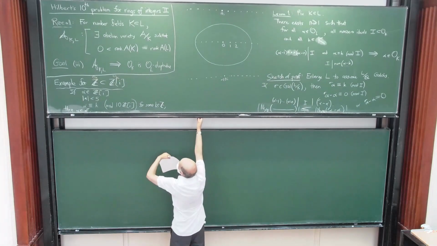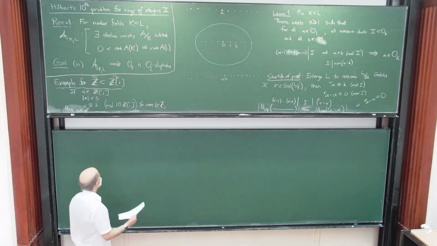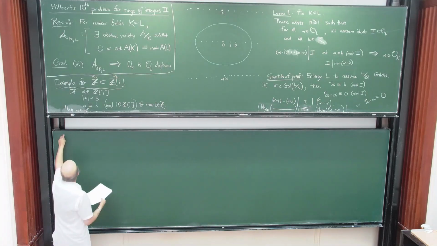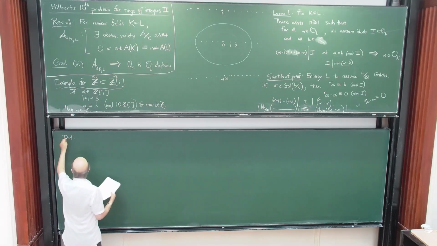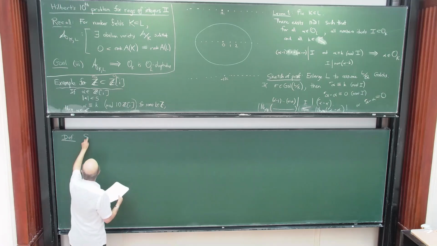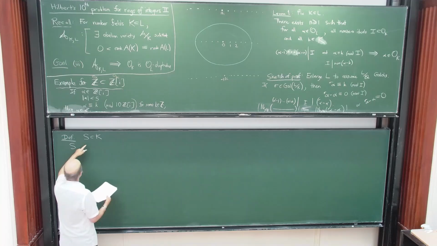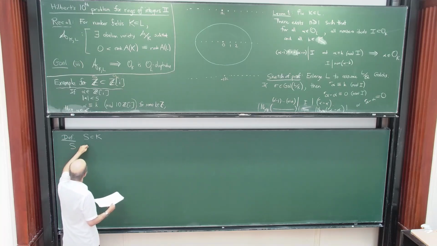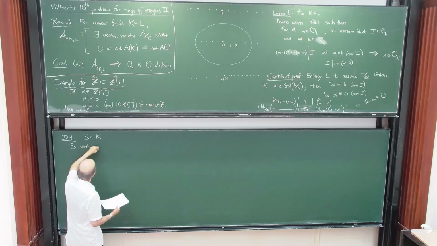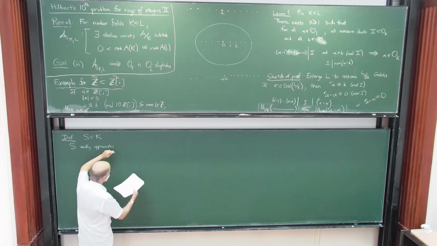All right, so now you can all see the dot. So here's another concept I'm going to use in this proof. For a subset S of a number field K, I'll say that it weakly approximates all the integers.